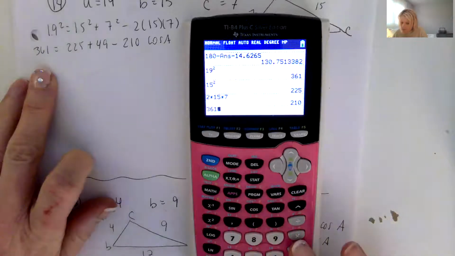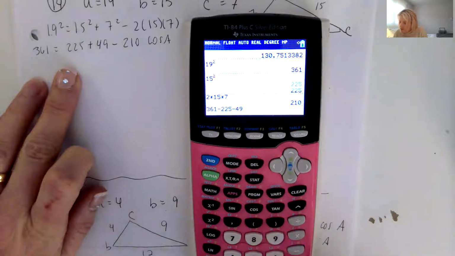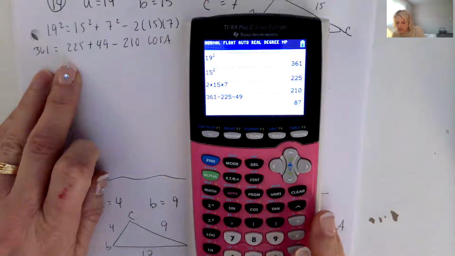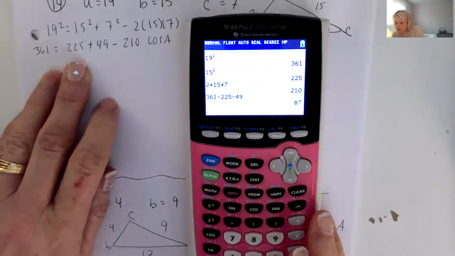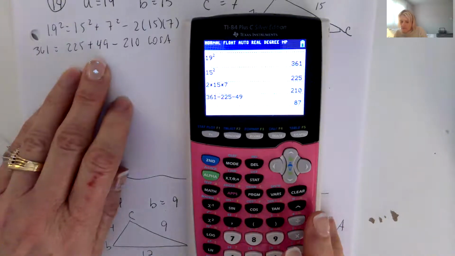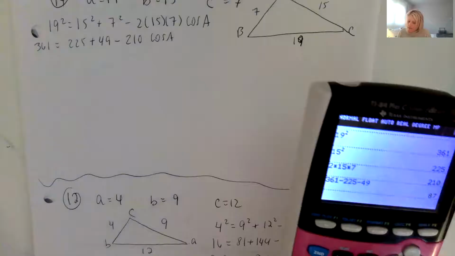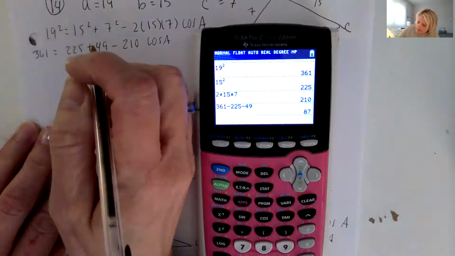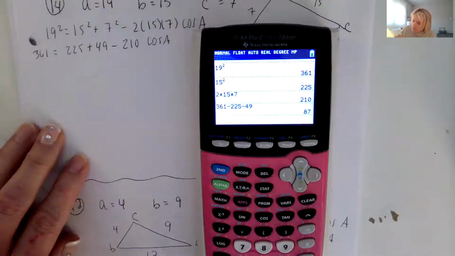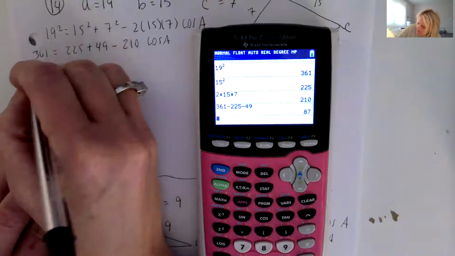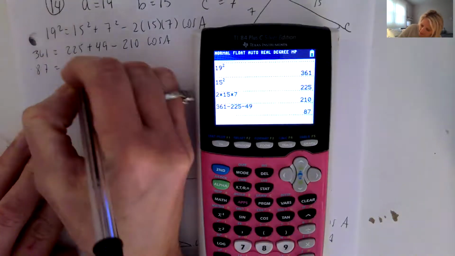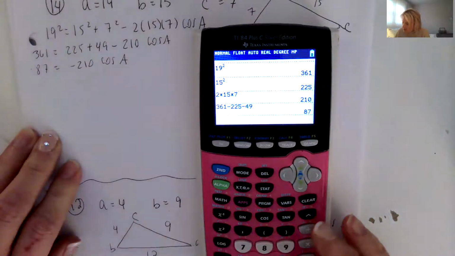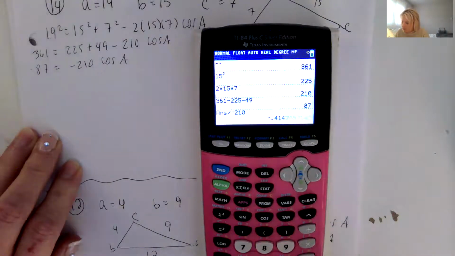So 361 minus 225 minus 49 is 87. And that doesn't seem right, because then I would have an inverse cosine of a negative number, but let's see. Okay, so 87 equals negative 210 cosine A, divided by negative 210.